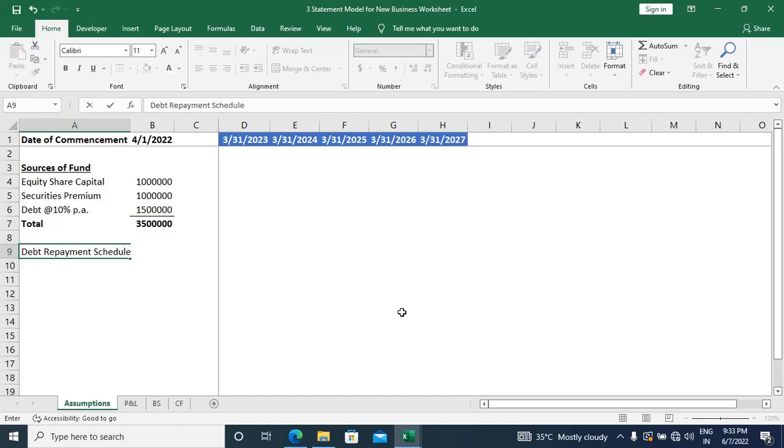Debt repayment schedule. So it is like a calendar only. I have made just a calendar like thing. Okay, at this time we will pay this much, at this time this much, at this time this much, just like that only, nothing else.